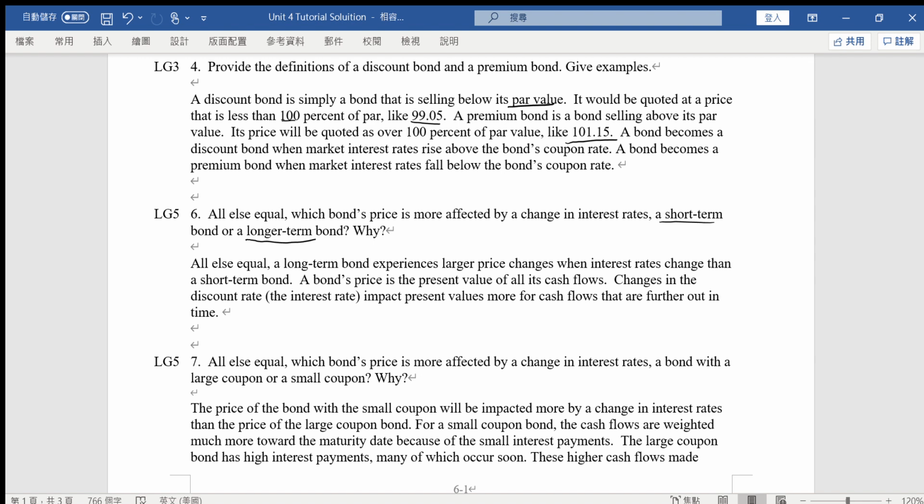Let's say a 5-year maturity bond will be short term. Another one, maybe 30 years, will be a longer term bond.